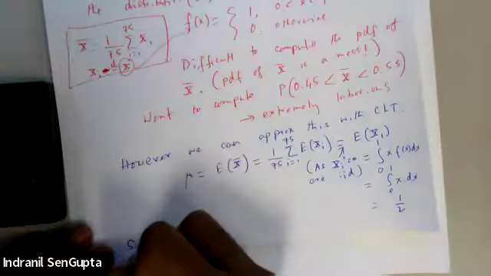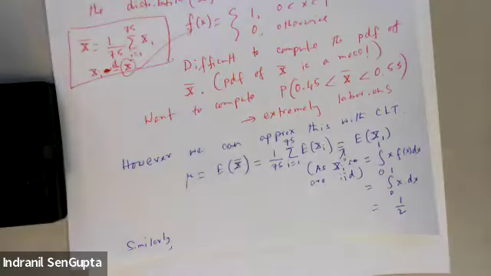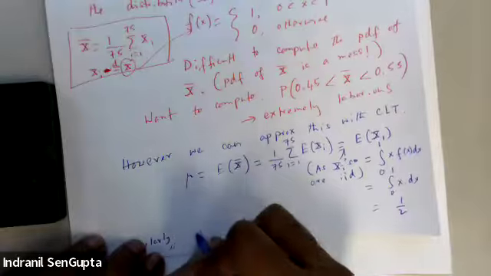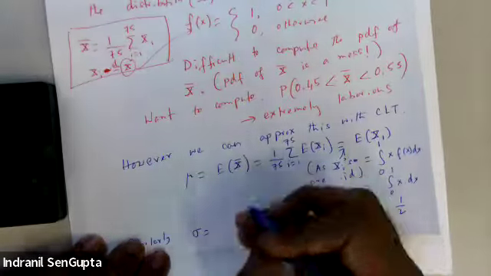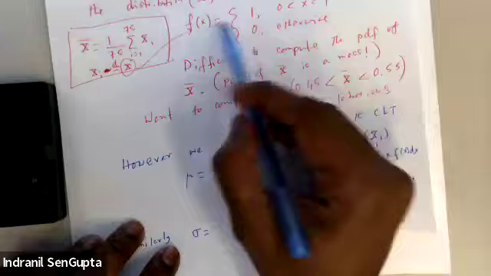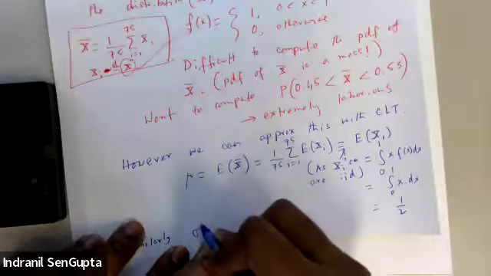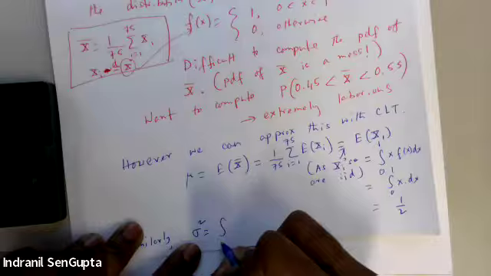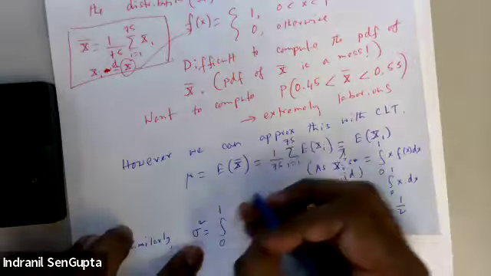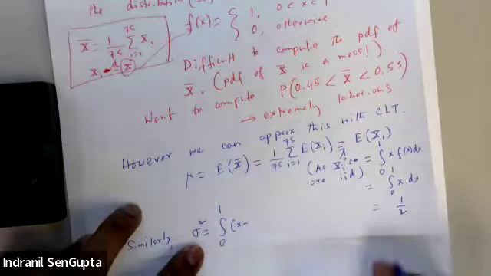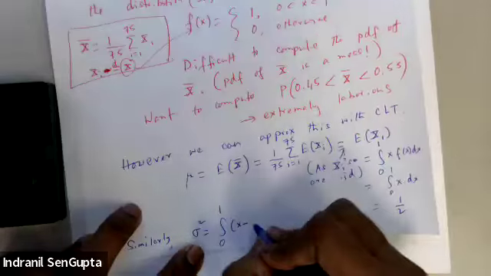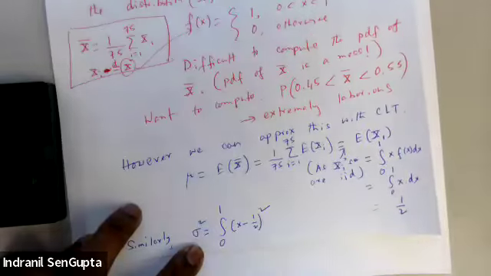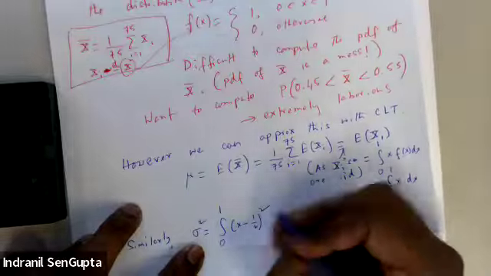Similarly, I can compute the variance of the sample. Using this distribution, sigma squared would be the integration from 0 to 1 of (x minus 1/2) squared times f(x) dx.